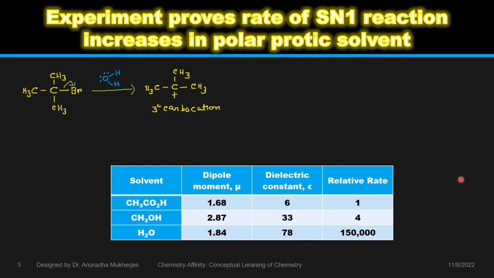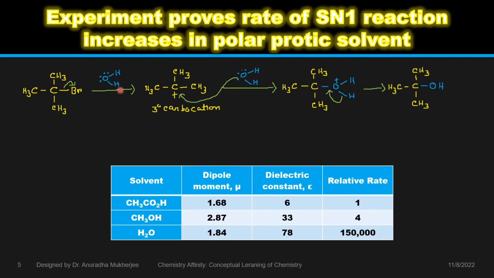So here we have taken one example. Tertiary butyl bromide reacts with water and it gives tertiary butanol. It follows the SN1 reaction because it generates a 3-degree carbocation. Now when this reaction was performed in 3 different types of solvent, acetic acid, methanol and water, we can see the rate of the reaction is extremely fast in water medium.